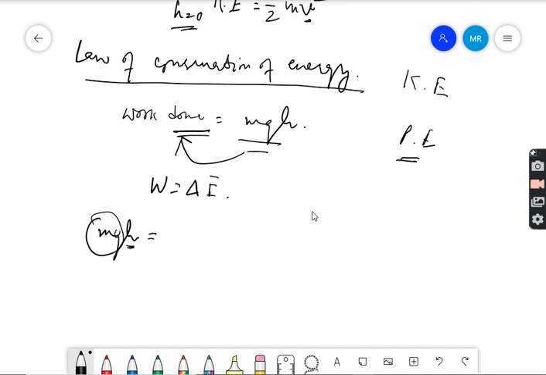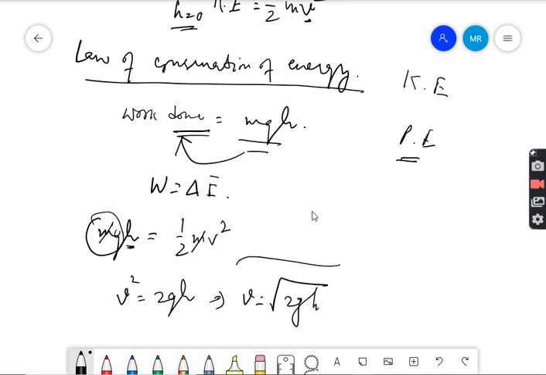The change in energy will be half mv square, and from this you cancel out m. v square will be 2gh, and from there v will be equal to root 2gh. So here we have come to the point where you can find v.